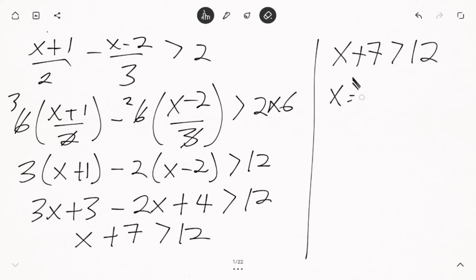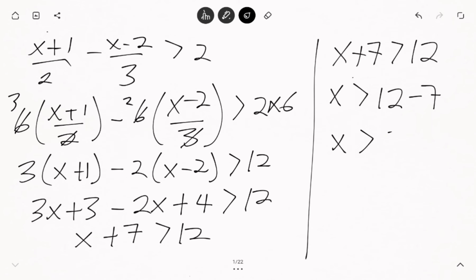So we have x is greater than 12. We send the 7 to the other side, it becomes negative 7. So we have x is greater than 12 minus 7, which will give me 5 as my answer. So my answer over here is x is greater than 5.